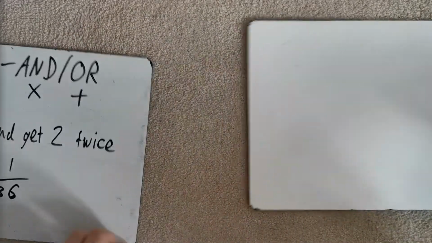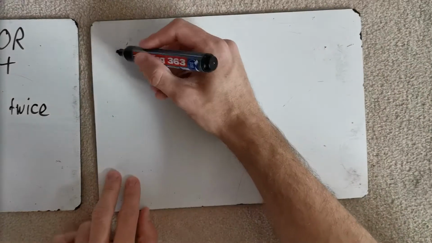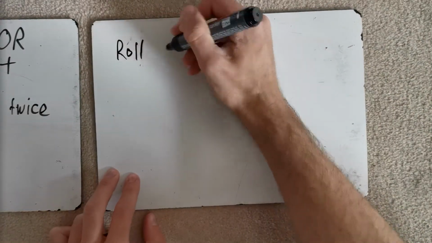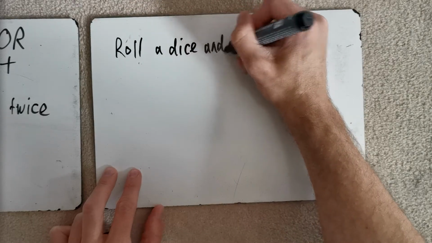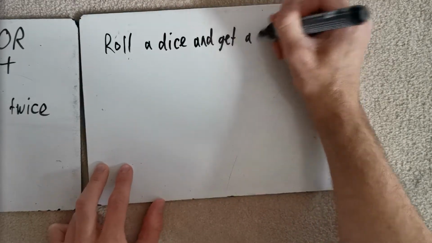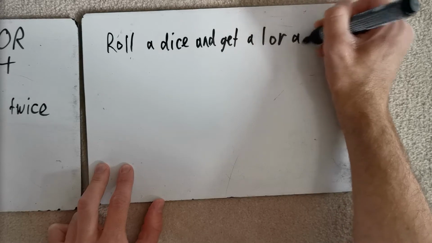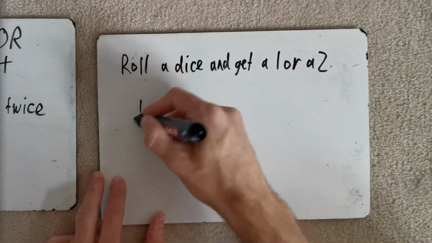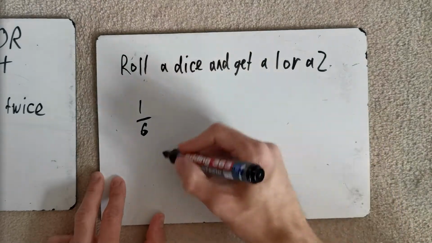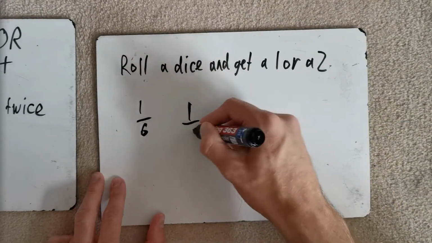If we were to think about this or that happening, so if we were to roll a dice and get a 1 or a 2, for example. Probability of rolling a 1 is a 6th. Probability of rolling a 2 is, of course, a 6th as well.